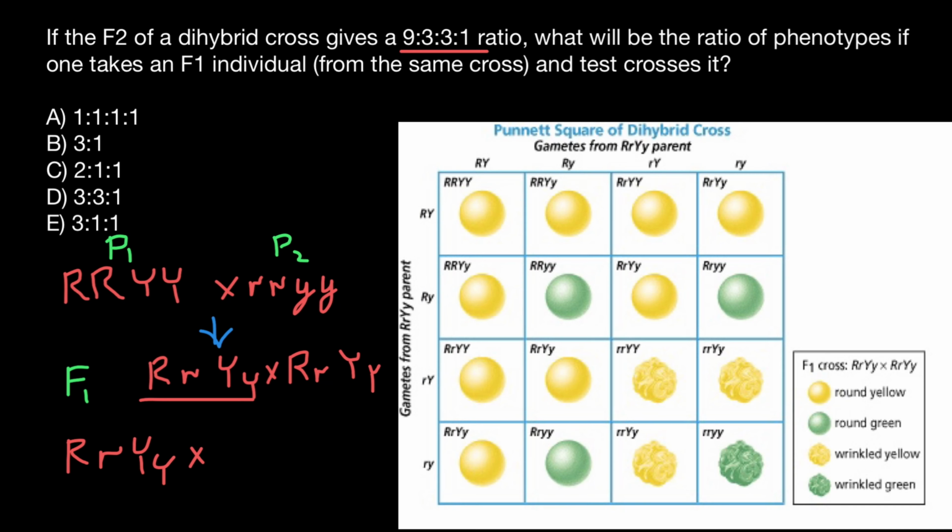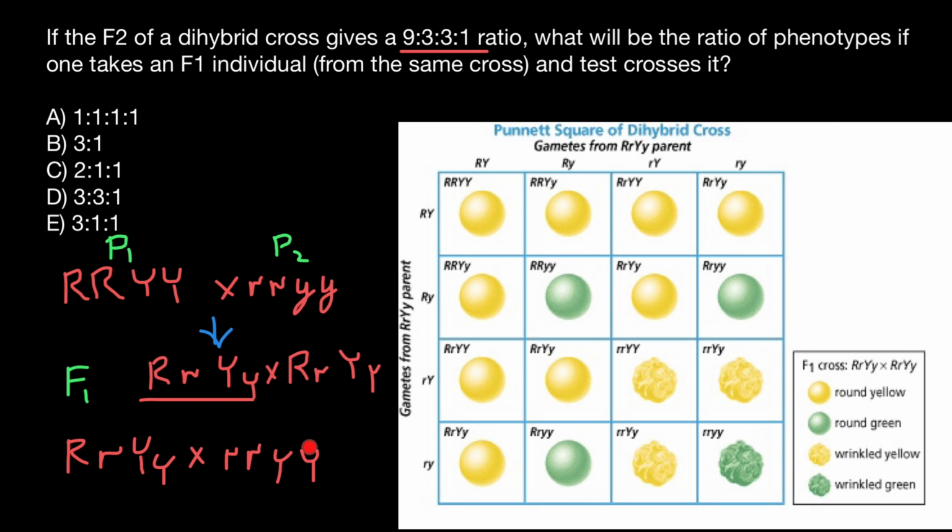We test cross with another parent of known phenotype and genotype, which is going to be in our case small r and small y. One more time, this is going to be a known phenotype, which in our case is wrinkled, and small y stands for the green genotype and phenotype.